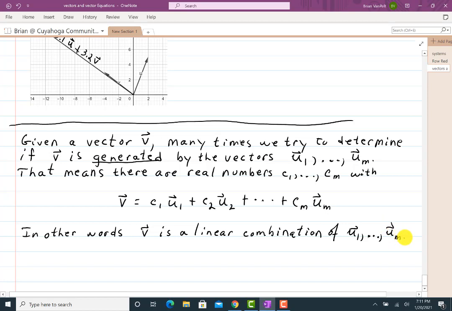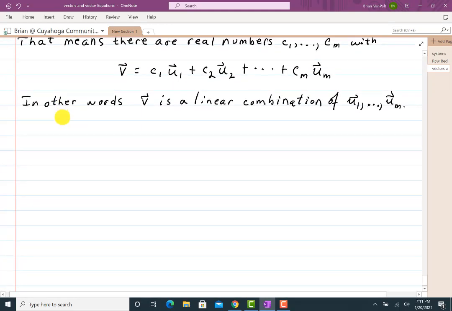So you can see linear combination is just beginning. It's like a snowball. It just started. And it's going to get bigger and bigger and bigger. So make sure you get the feel for it right now before we go any further. Let me do a couple of examples to end off this particular video.